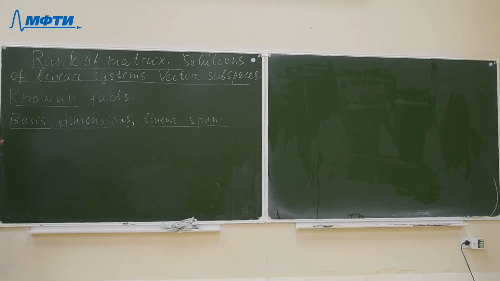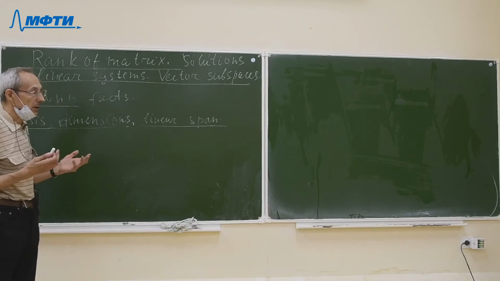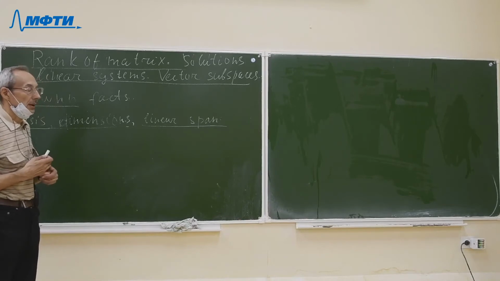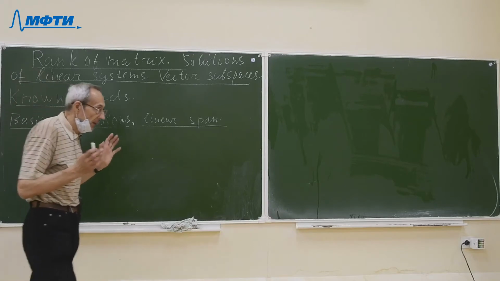We deal with some vector spaces. For us, a vector space is an abstract structure which is defined by some collection of axioms.